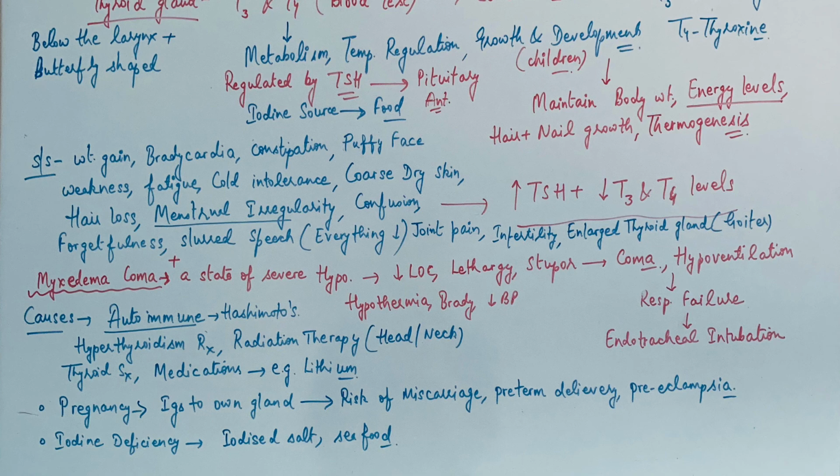What happens in pregnancy is that some antibodies are produced in the body which can damage the body's own gland, and that can lead to hypothyroidism. Hypothyroidism in pregnancy can lead to risk of miscarriage, preterm delivery, and preeclampsia. So we have to treat pregnancy-induced hypothyroidism.